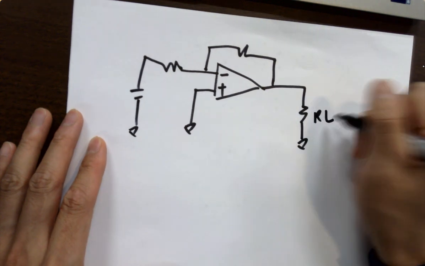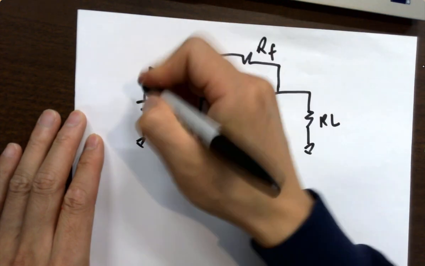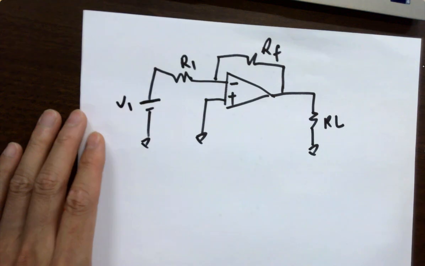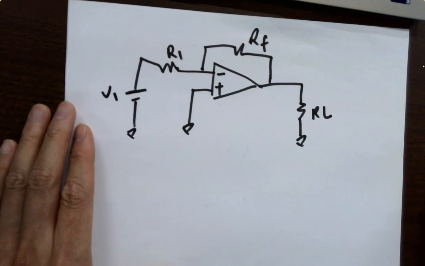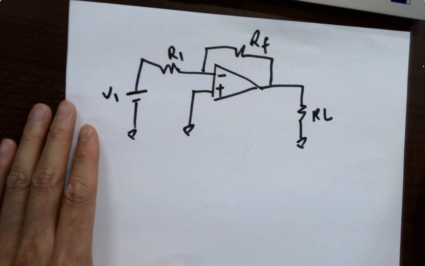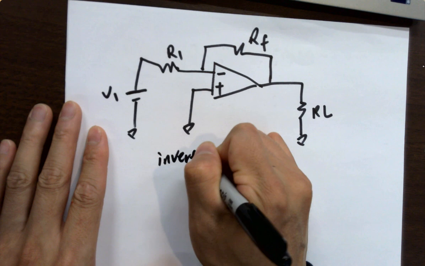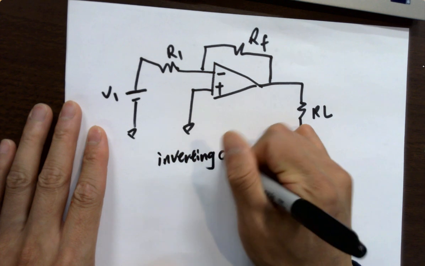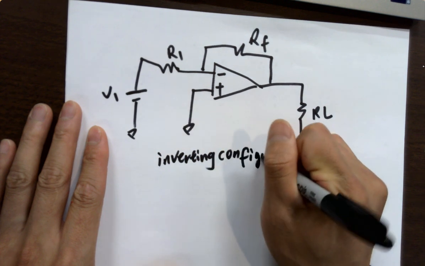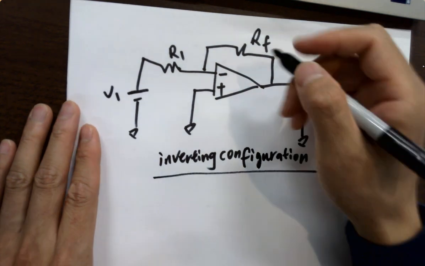So this is the load. And usually it's RF, this is called R1, and that's V1. All right, so that's the structure. It's called the inverting configuration. Yeah, a lot of new things, okay?